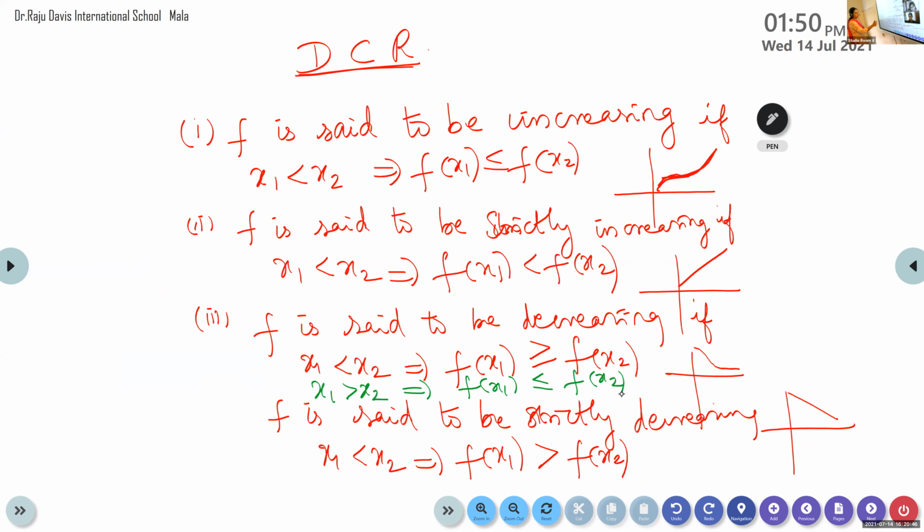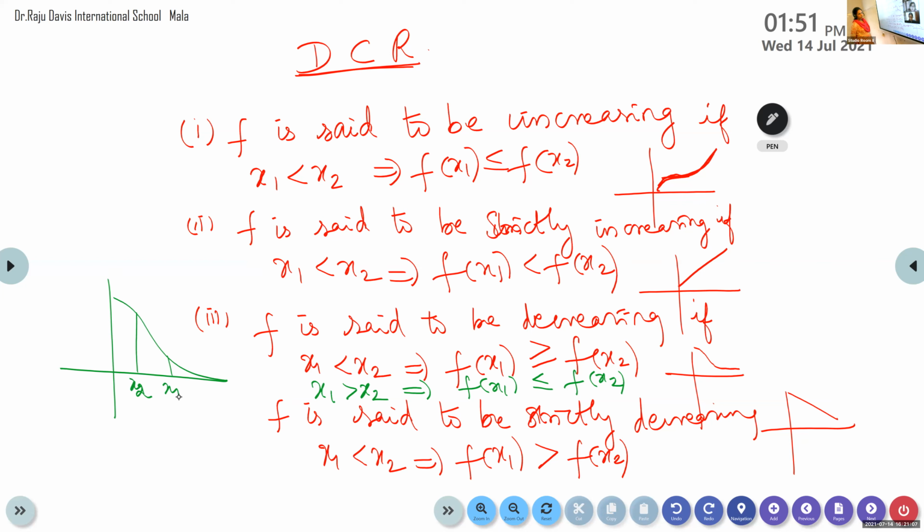Look at this graph, decreasing function graph. That is what I explained earlier. Suppose this is x1, x2. So x1 is greater, but what about f of x1? It is smaller.